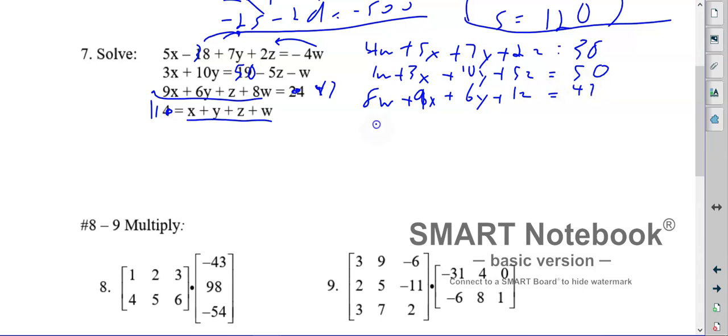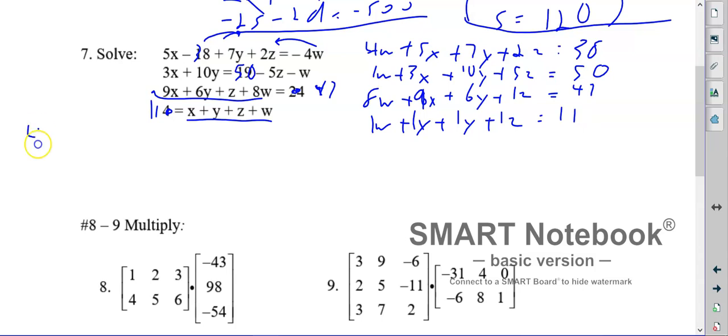And here all I'm going to do is move the W to the front, and put the 11 on the other side to switch it around. Okay, it's not negative 11 because all I did was move it. All that still equals 11. So what's my augmented matrix?